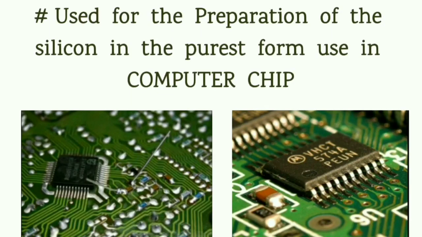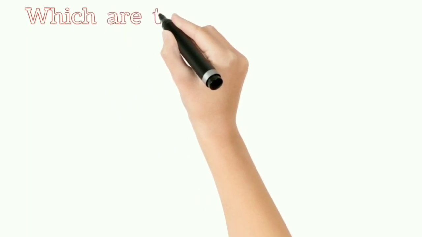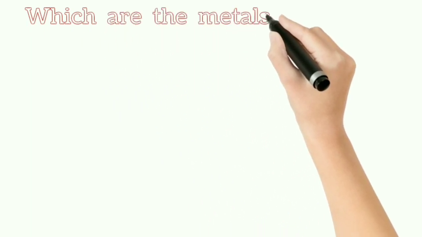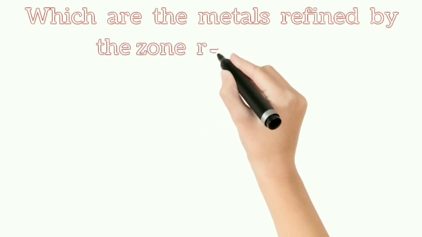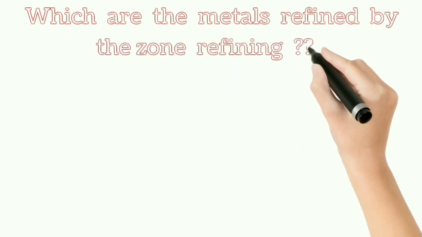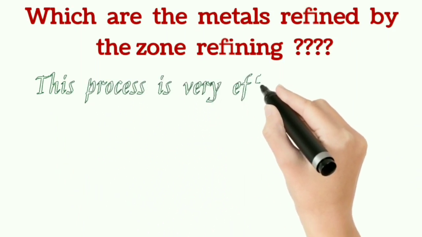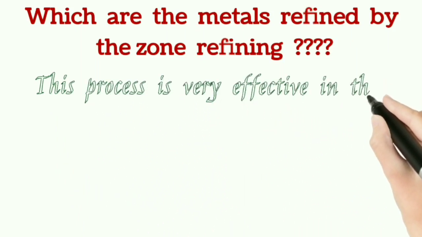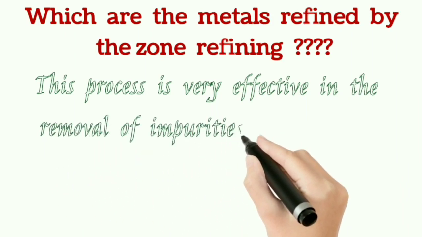Now let's see the next one, which elements are refined by this zone refining process. I already told you that the zone refining process is very effective in the removal of impurities. We can remove almost all the impurities.